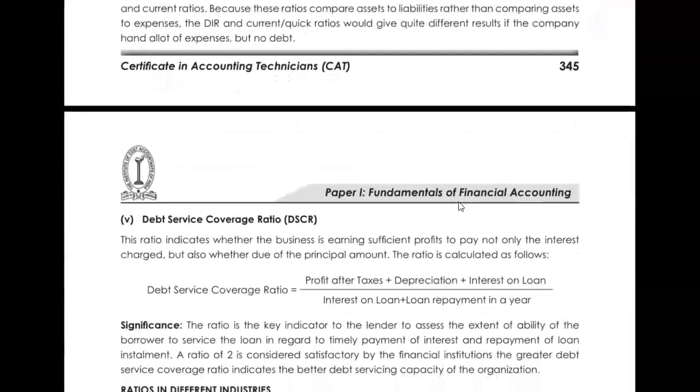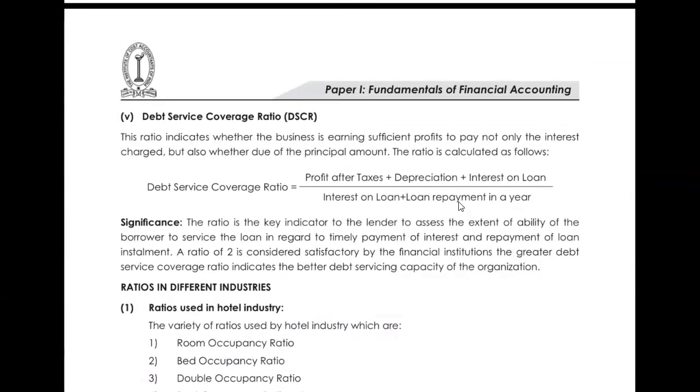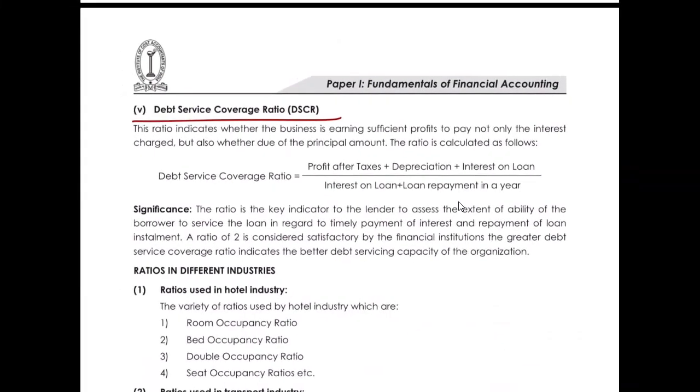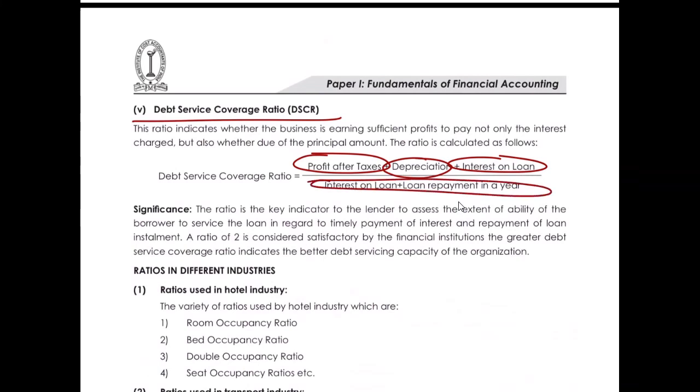Then we have the debt service coverage ratio, that is similar to what we have learned for the interest coverage ratio, but the only change here is you will add profit after taxes plus depreciation plus interest, divided by interest on loan plus loan repayment in the year. Whatever loan you have repaid, that would be added. So in simpler form, profit after tax plus depreciation. Why are we adding depreciation?